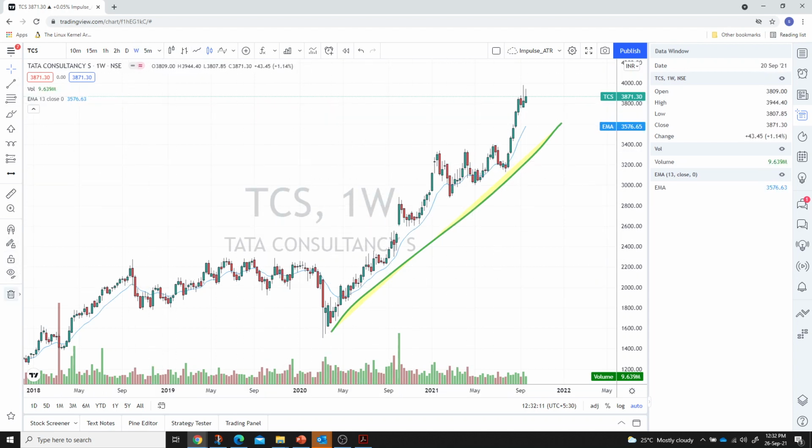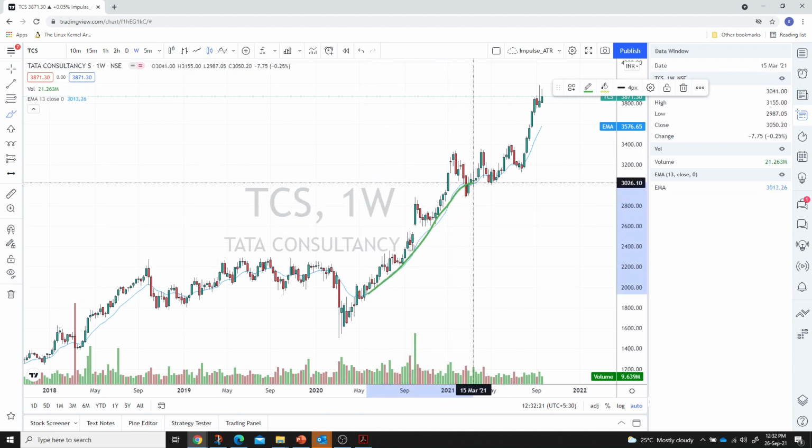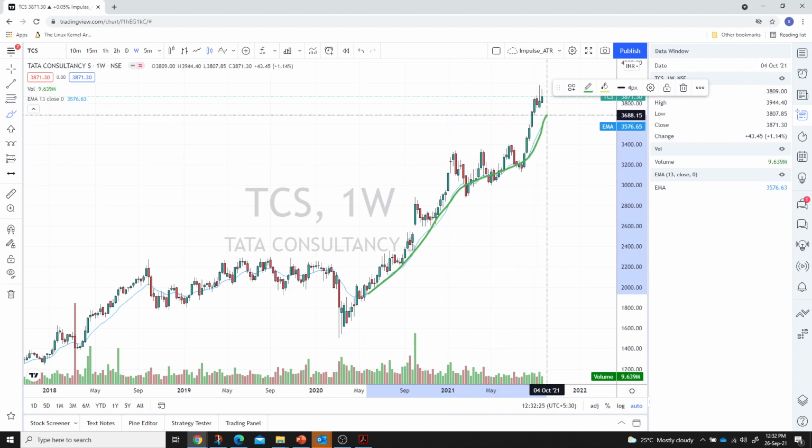If I say okay, the 13 period EMA looks like this, I will just try to retrace and show you what I mean. So this is how it is.